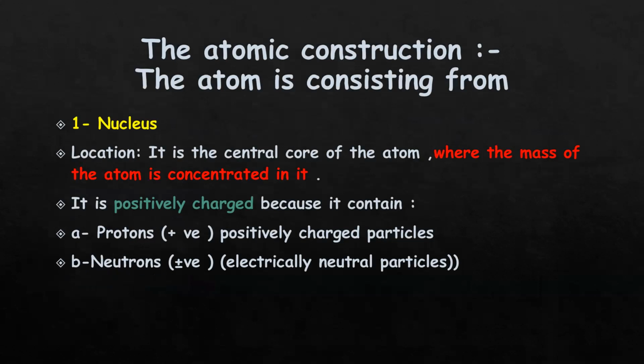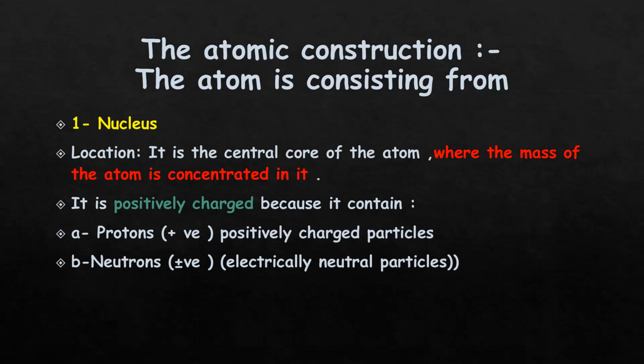Which one is heavier? We said in the nucleus. Why? Because the mass of protons and neutrons is more than the mass of the electrons, which are negligible, not counted, because they are very small. They have very, very small masses.